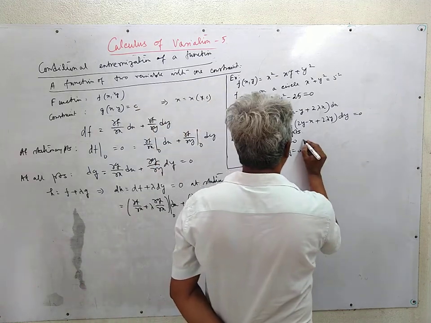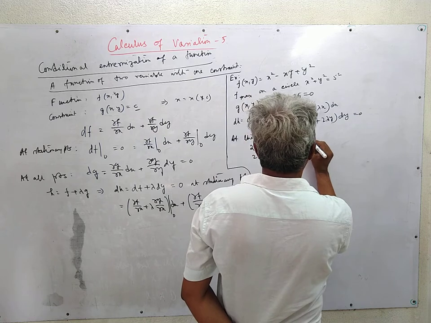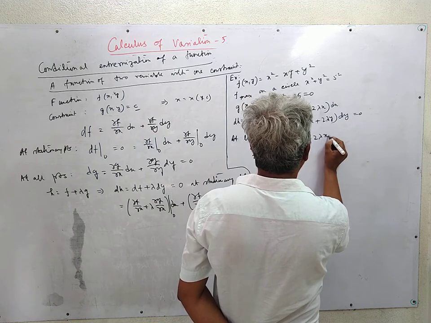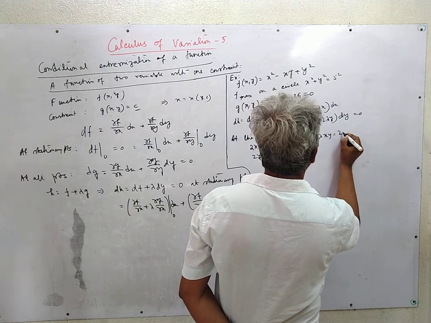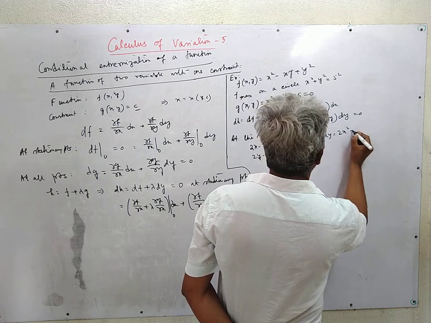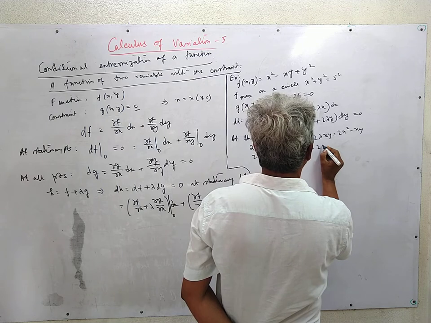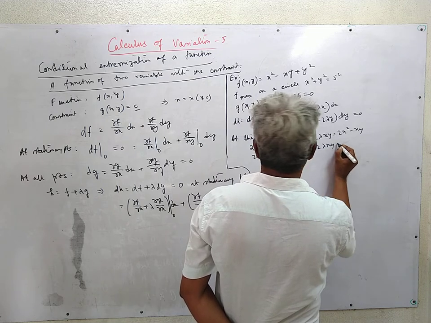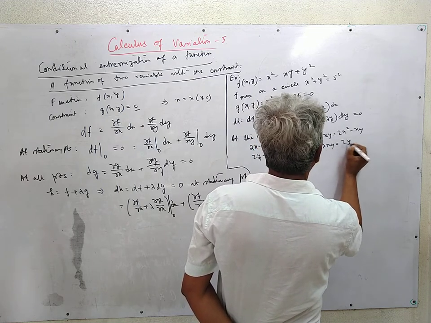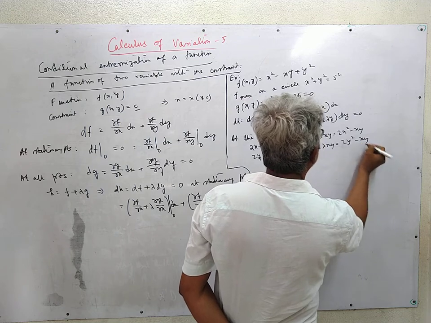This equation gives −2λxy = 2x² − xy, and this equation gives −2λxy = 2y² − xy.